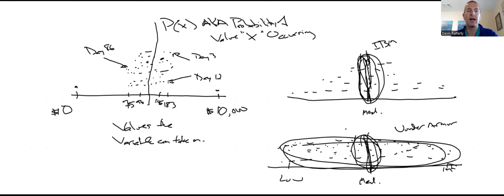Think about it like this. When you get on the highway and start driving, let's pretend your average speed is 70 miles an hour, and maybe your best friend also drives on average 70 miles an hour.